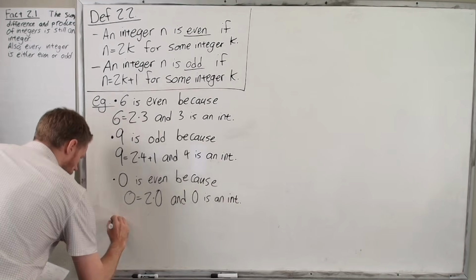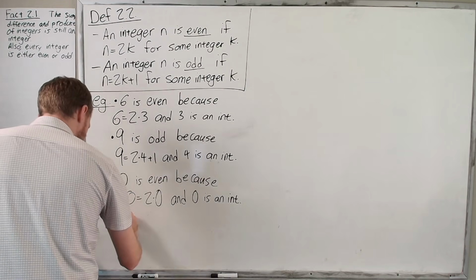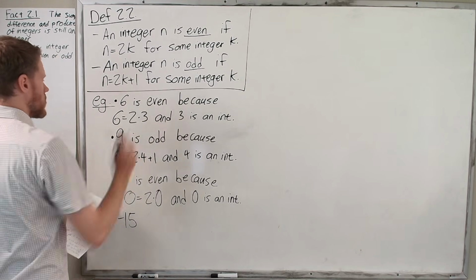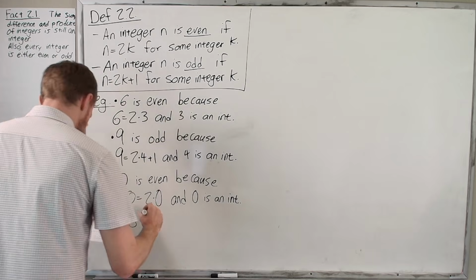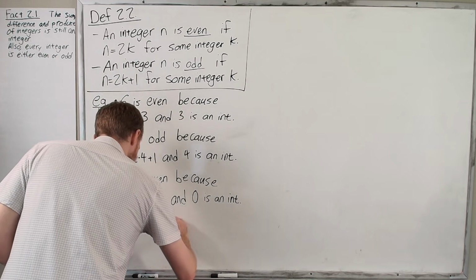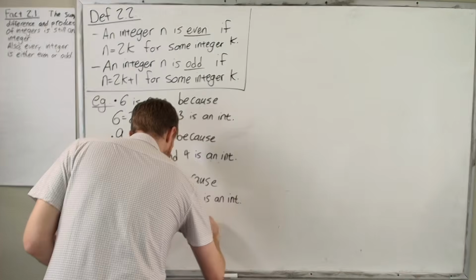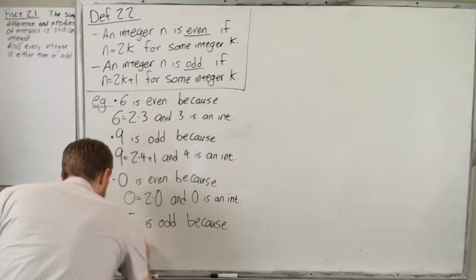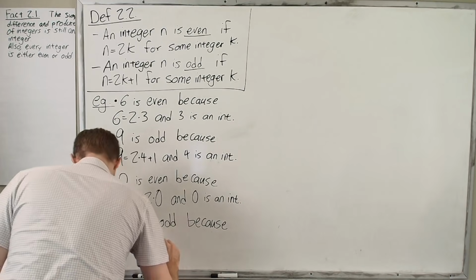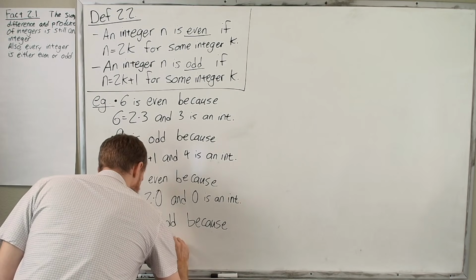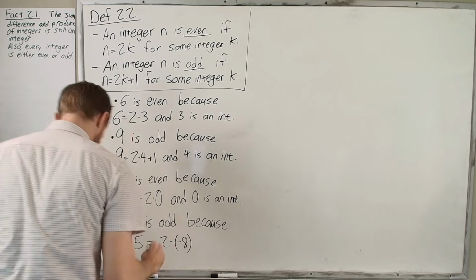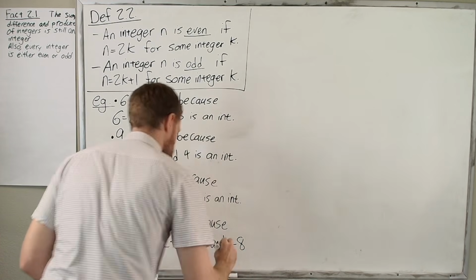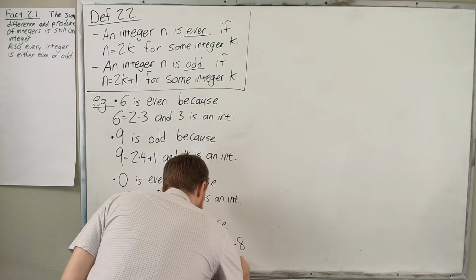Okay, what about negative numbers? Are negative numbers considered even or odd? Like negative 15? Well, yeah. There's no reason why they can't be, according to the definition. Negative 15 is odd because negative 15 equals 2 times negative 8 plus 1, and negative 8 is an integer.